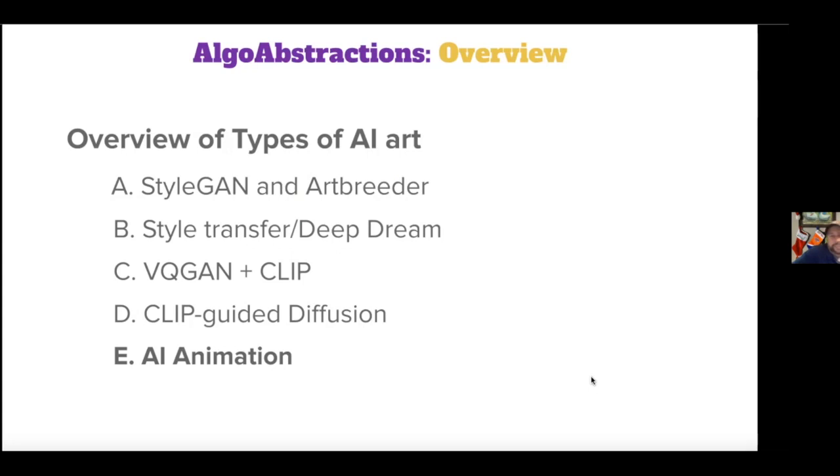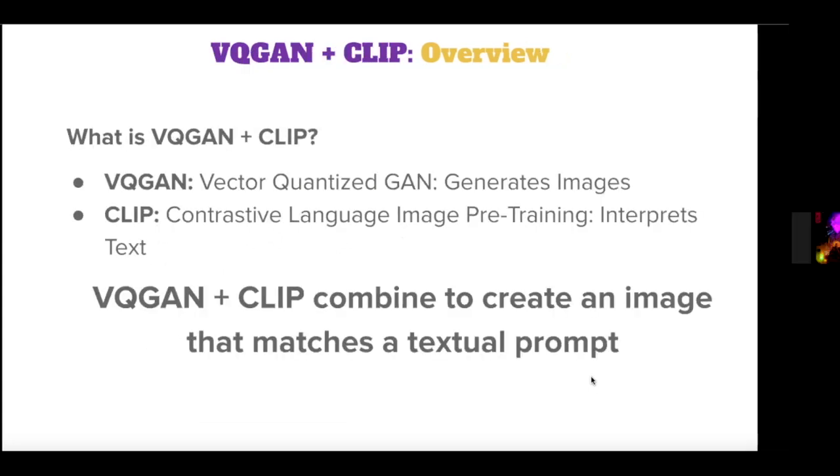So in our last video, we talked about VQGAN and CLIP. Just briefly, if this is the first one you're watching, I definitely recommend going back and watching the first 2.